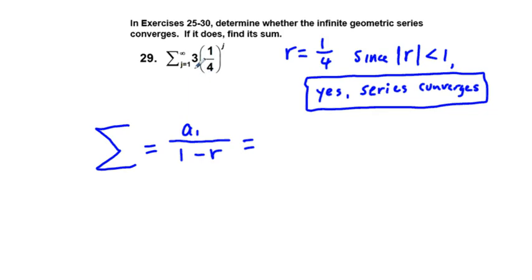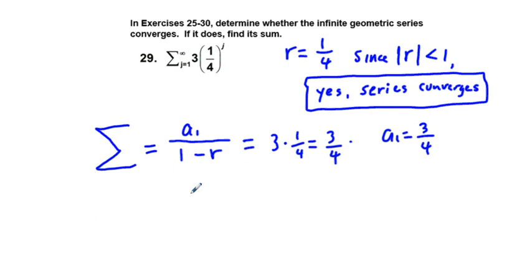So if we take J equals 1, we have 3 times 1/4 to the power of 1. That's going to be 3 times 1/4, which equals 3/4. So a sub 1 is equal to 3/4. That is our first term.